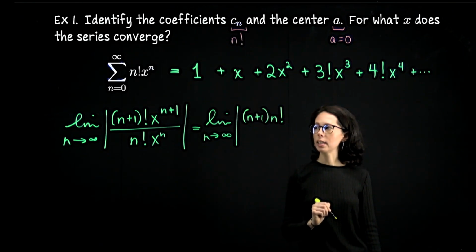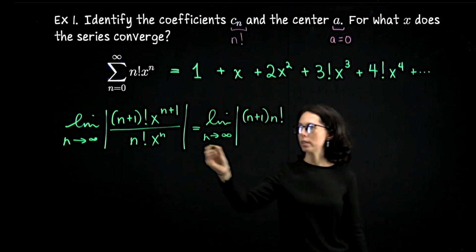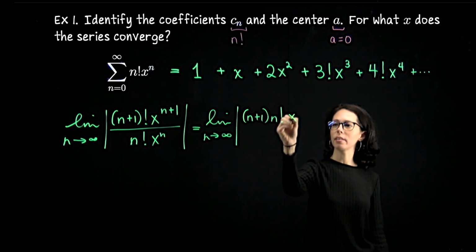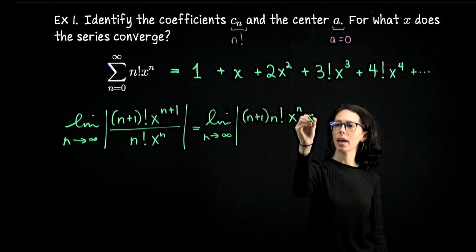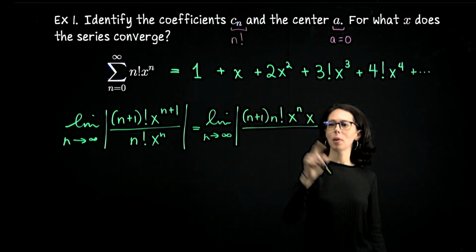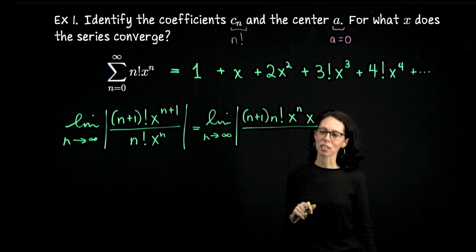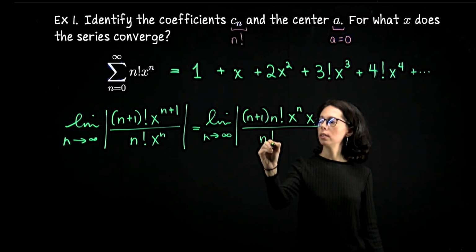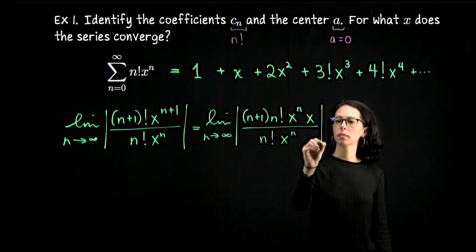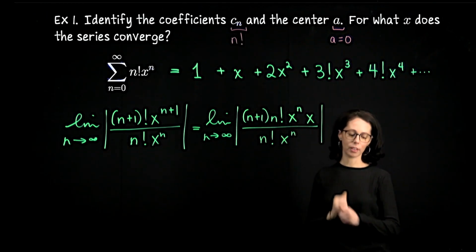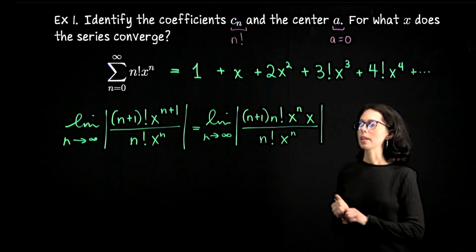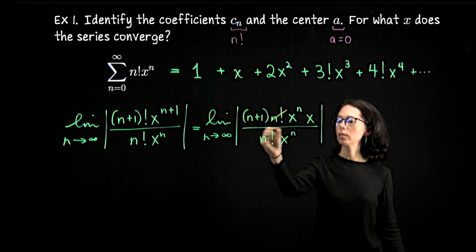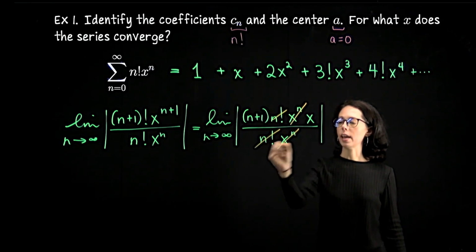And then x to the n plus 1 is going to divide out with the x to the n. How about I just write that for this first example as x to the n times x. Okay, maybe this is unnecessary. So that's a choice I've made there, kind of a stylistic choice, if you will. Divide that by n factorial x to the n. Okay, with ratio tests, we usually get some nice cancellation, and we see that here with the n factorials canceling out along with the x to the n's.